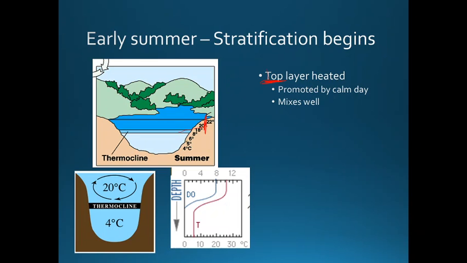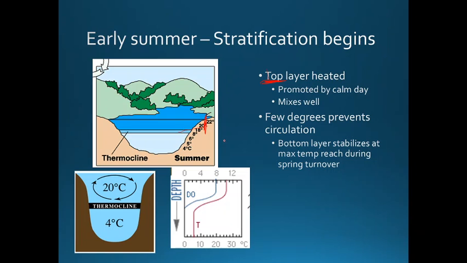And then at the bottom of the lake, it'll be 4 degrees Celsius. Just a few degrees difference, maybe just 1 or 2 degrees Celsius, will prevent that lake from circulating and mixing anymore. So the bottom layer then stabilizes at the maximum temperature reached during the spring turnover. Realistically, this is pretty much always 4 degrees Celsius, but if you were to have a really, really windy spring, it could maybe get up to 5, 6, 7 degrees Celsius.